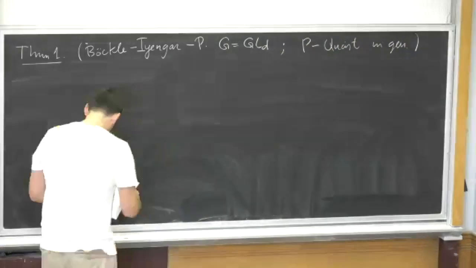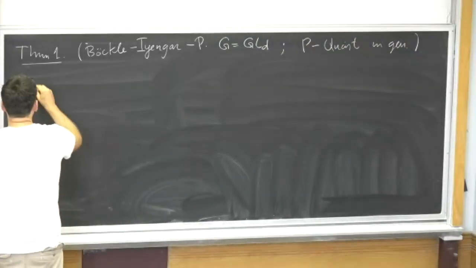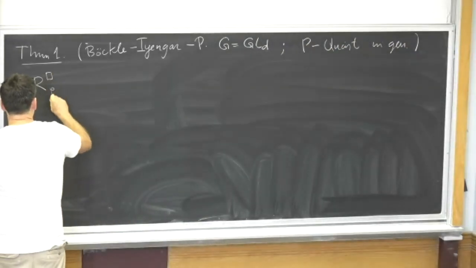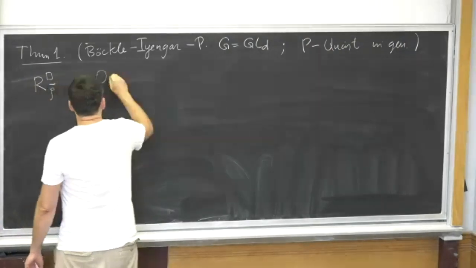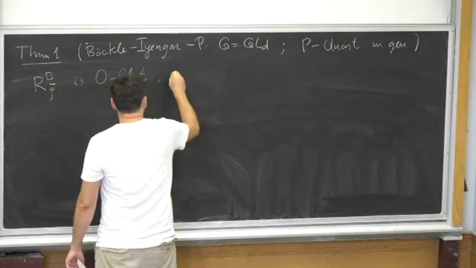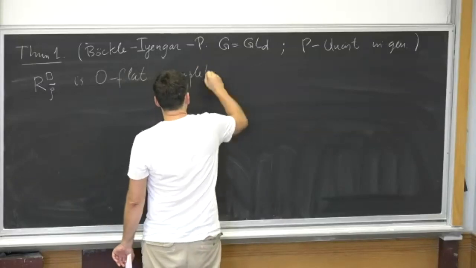But now I have to tell you how to go on. This ring is O flat, relative complete intersection.